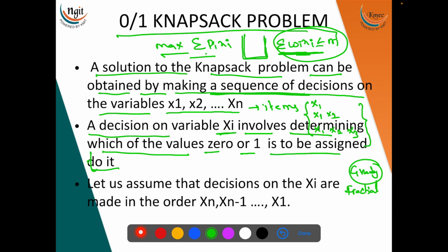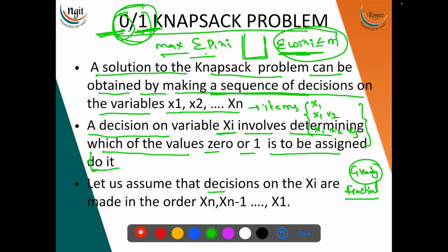In the greedy method, the fractional knapsack problem allowed us to take even a fractional part of the item to fill the capacity. But in the 0/1 knapsack problem, when you are applying dynamic programming, you cannot take a fractional part. You either keep the item, or you do not keep the item in the container. That's it. That's what we represent with 0/1, that means 0 or 1. The item can be placed, or the item may not be placed.